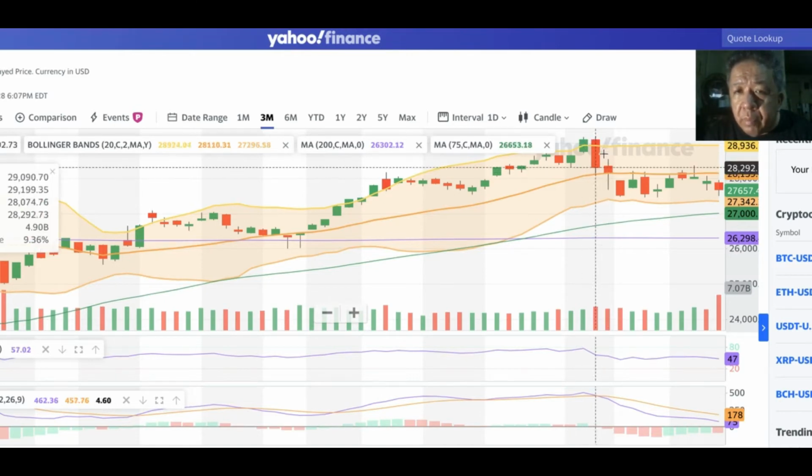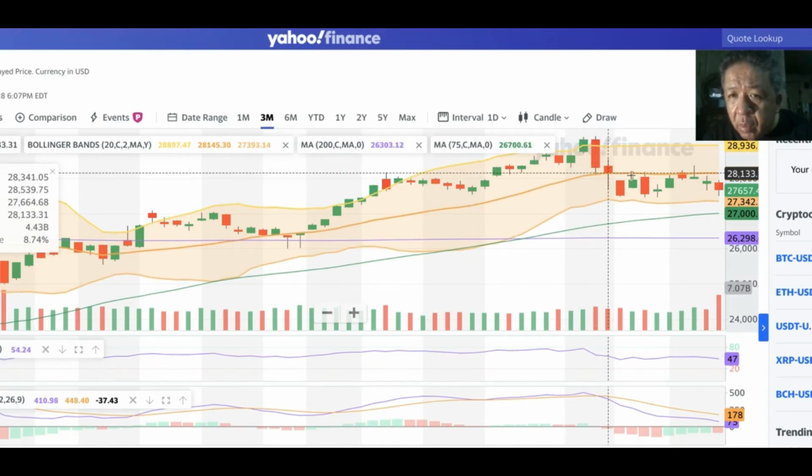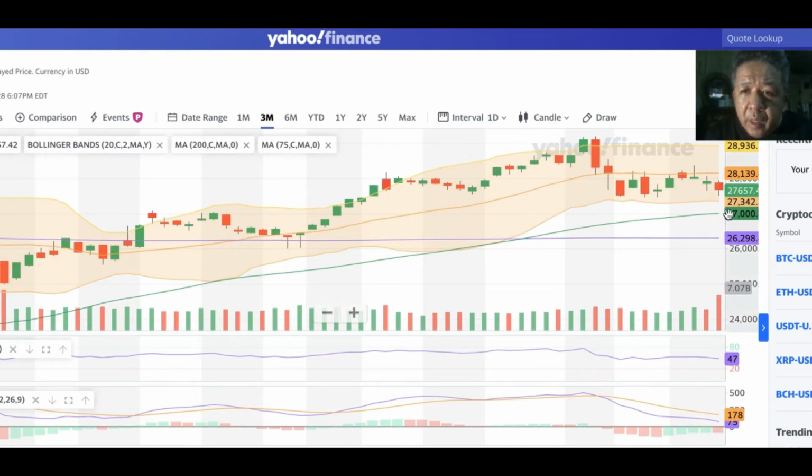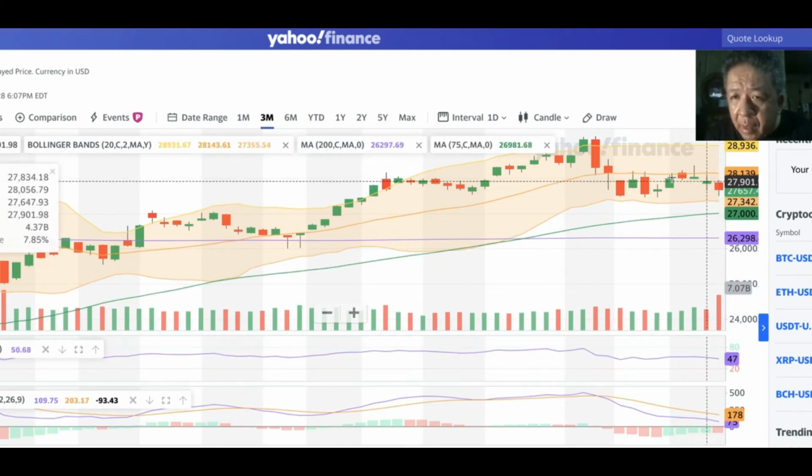So we are not yet seeing a good trading input here. What we need to do is to wait for a trading option, which will happen when this price touches the lower band of the Bollinger and then bounces up again. Now let's see, will that happen?